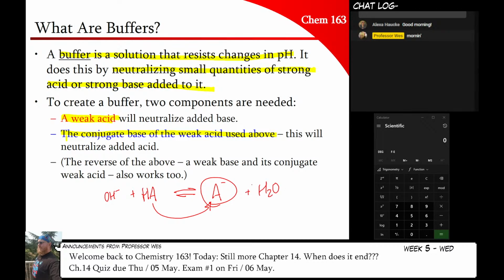But then if I reacted with the acid, it would just go right back. And so what I have are two substances that just react with each other. They go back and forth and back and forth. And this is a buffer. A buffer just changes back and forth. The H plus just hops from the weak acid to the weak base.